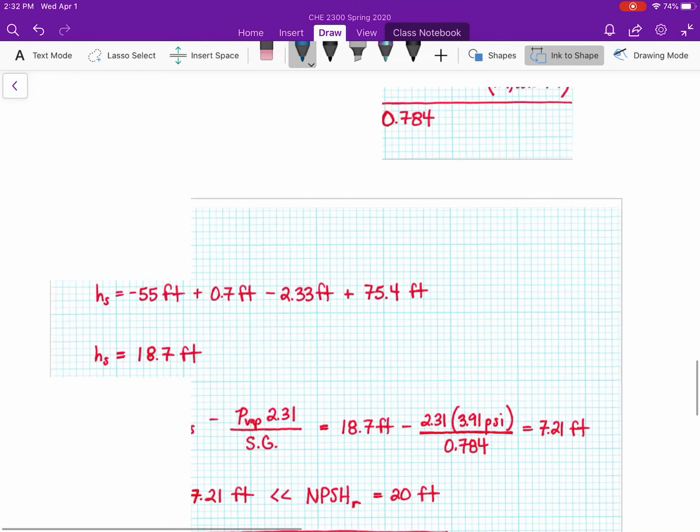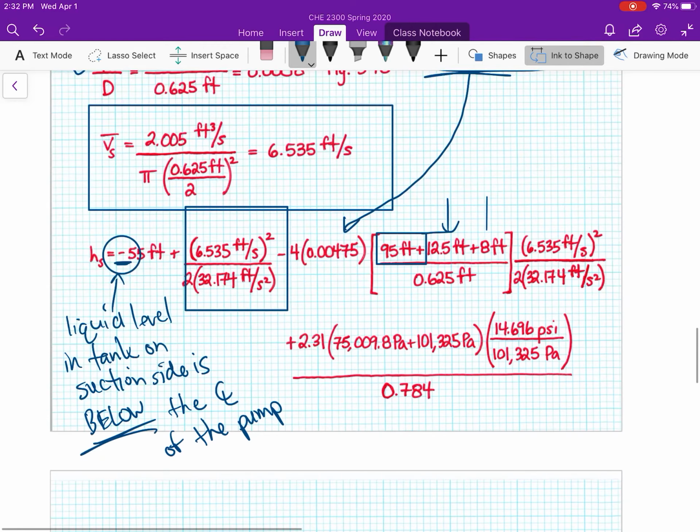And so that is where my 12.5 and my 8 come from. I divide that by the diameter of the pipe on the suction side. Right, multiply that by V bar squared on the suction. V bar squared divided by 2 times gravity.